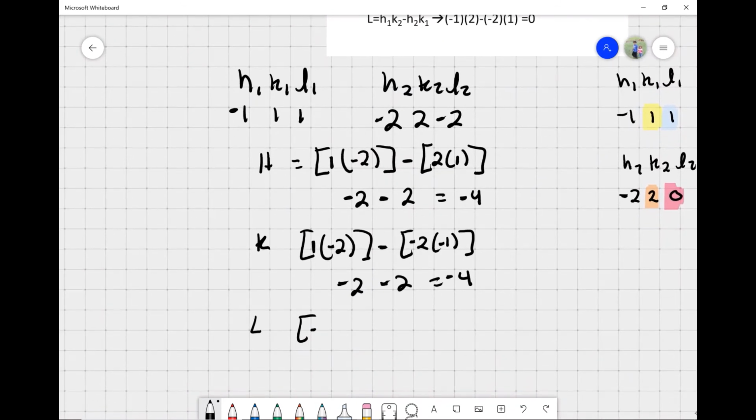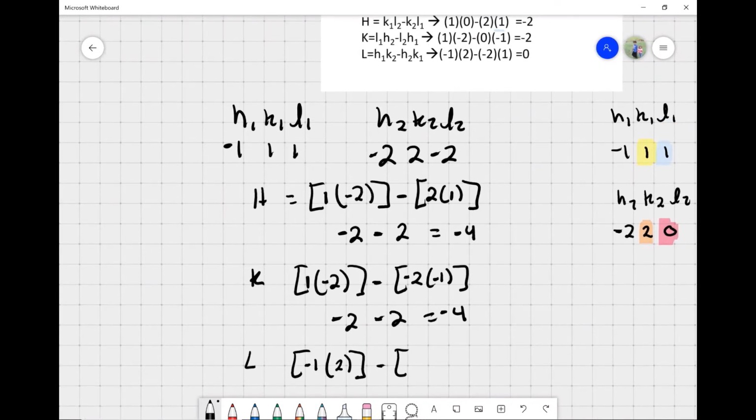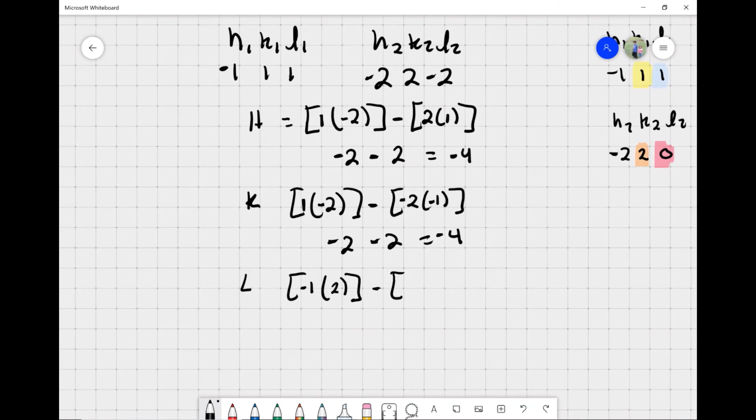So negative 1 times K2, which is 2, minus H2, K1. So H2 is negative 2 times 1.